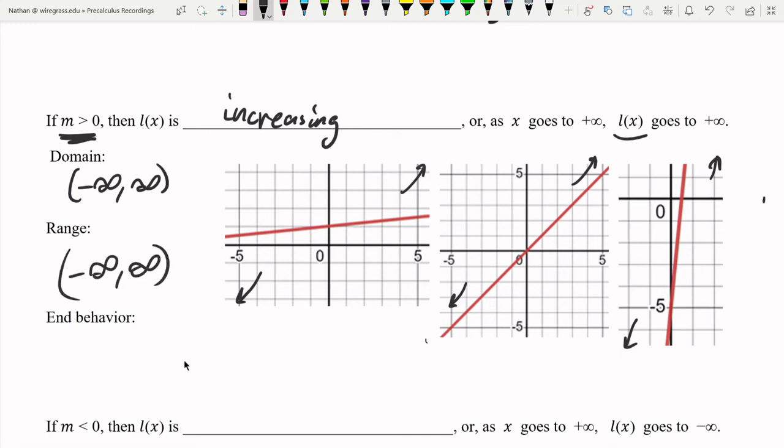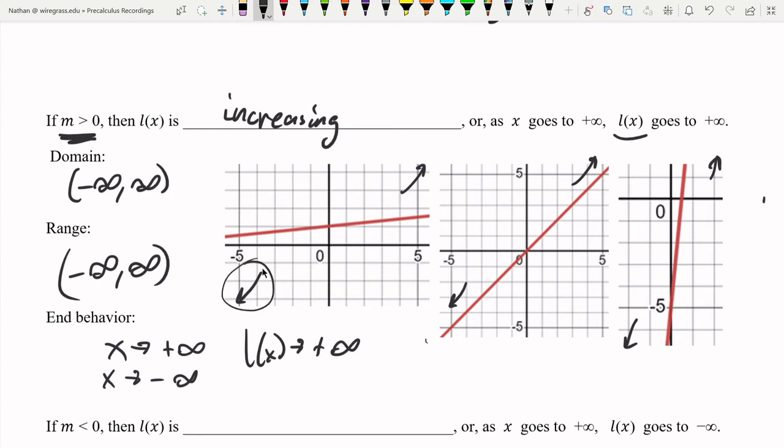And like I said, the end behavior is, as x goes to positive infinity, well, we already know this is an increasing function, so it goes to positive infinity. And as x goes to negative infinity, it goes the other direction. As we go leftward, the function goes down. And that's what this is telling us: L of x goes to negative infinity.